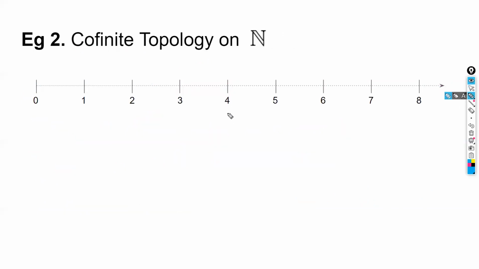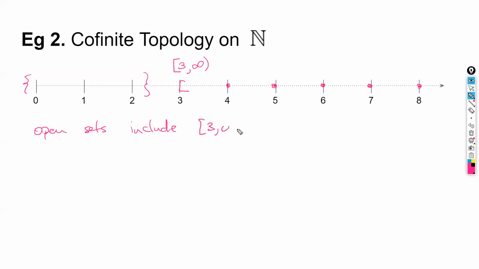Let's talk about the cofinite topology on the natural numbers. So I had this example for you from before, which was 3 off to infinity like this. So this set, well, its complement, first of all, is 0, 1, 2, which is finite. So this is actually an open set in the cofinite topology. And the open sets in general include, well, 3 to infinity, sure, but actually generally include the intervals of the form a to infinity.